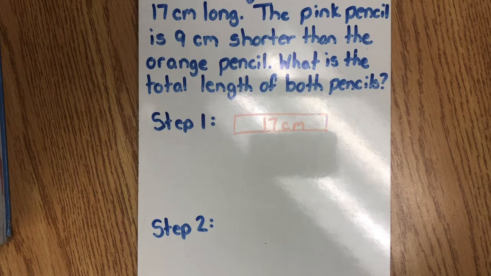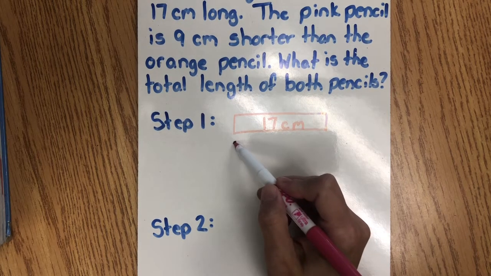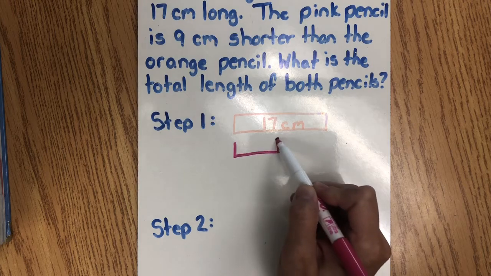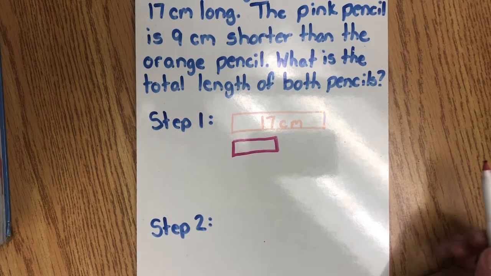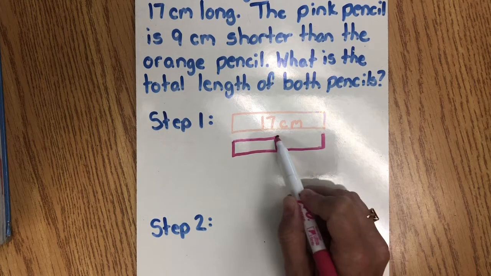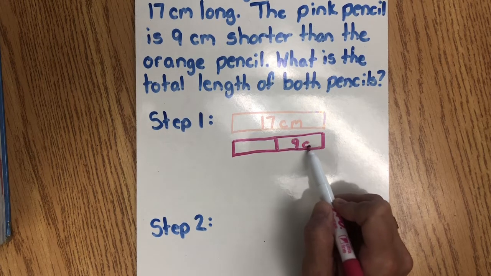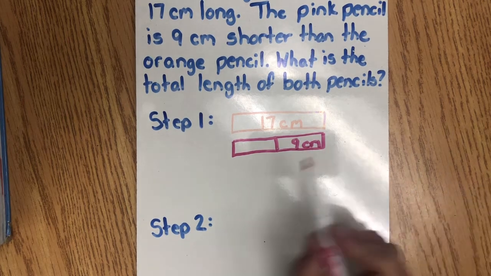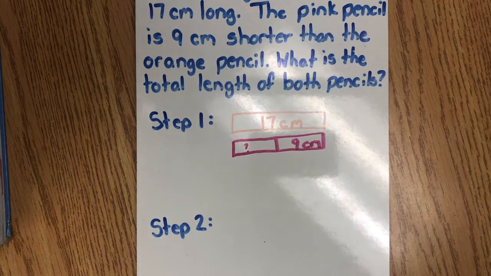We don't know exactly how short the pink pencil is. We just know it's 9 centimeters shorter. So it is going to be smaller. And we know how much smaller. We know it's 9 centimeters smaller. We just don't know exactly how short it is. But we can figure it out.